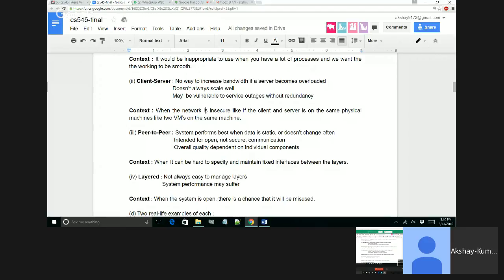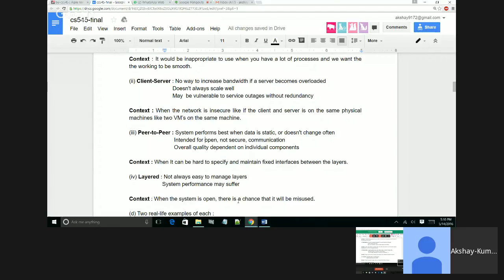So I guess the disadvantage and the context, anything you want to add in this? I think it's fine. Context is okay, but same explanation, it could be associated with every single point. Okay, sure. Otherwise, it's okay.